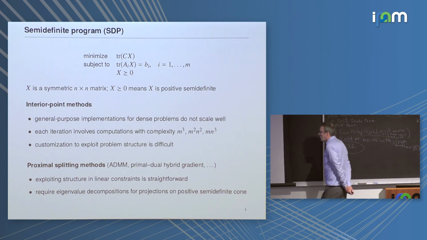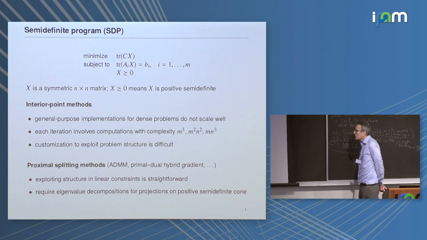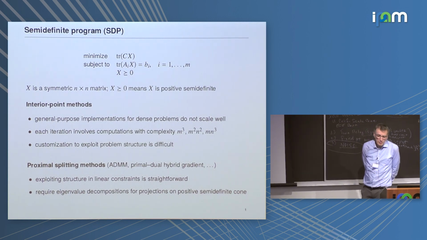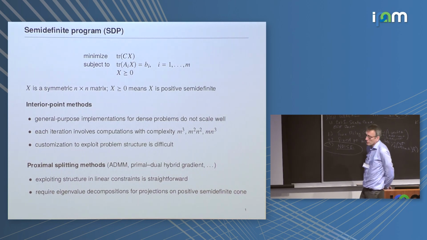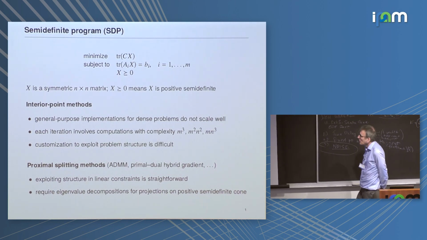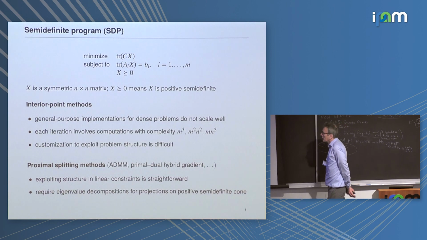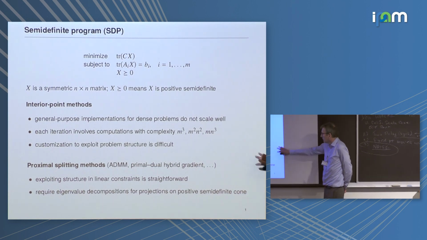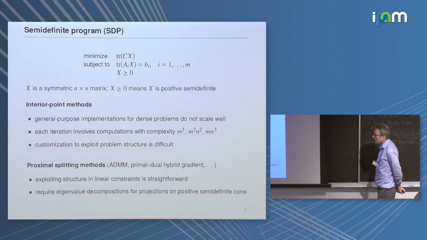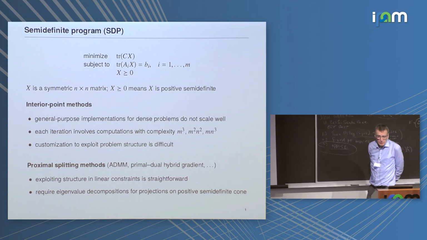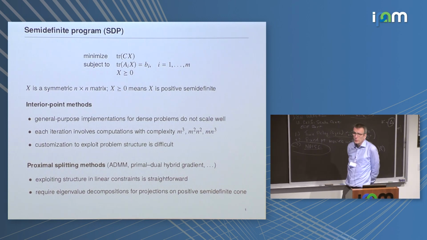And in some applications, it's possible to customize interior point methods to exploit structure, but it's not easy. Then, as an alternative, maybe the first thing that comes to mind today are the methods like ADMM and all the proximal splitting methods, which have been used in many large-scale applications in learning and other applications.